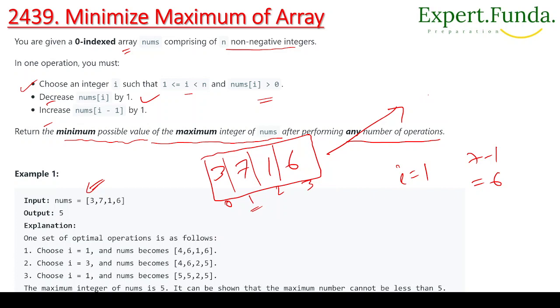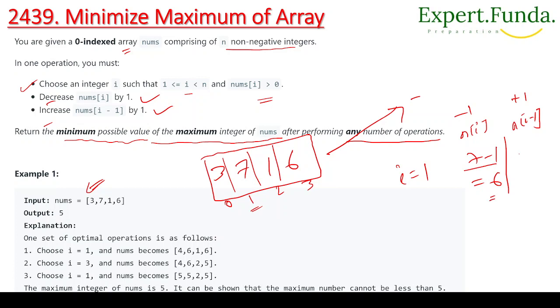And we have to increase nums[i-1], so here we do plus, and here we do minus. This becomes 7 minus 1 equal to 6.